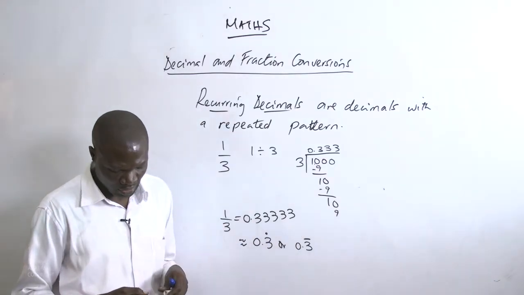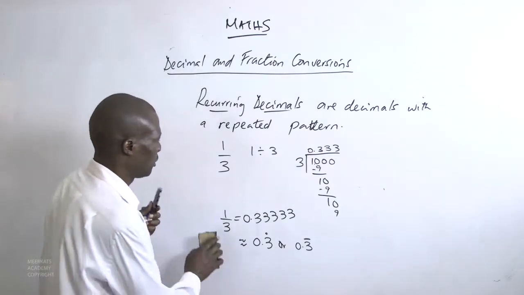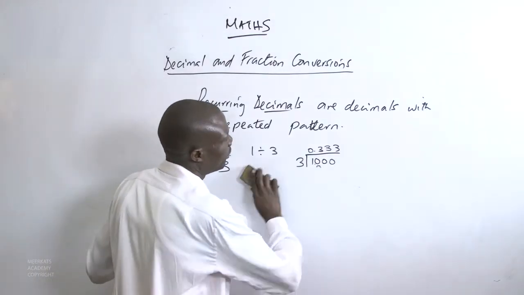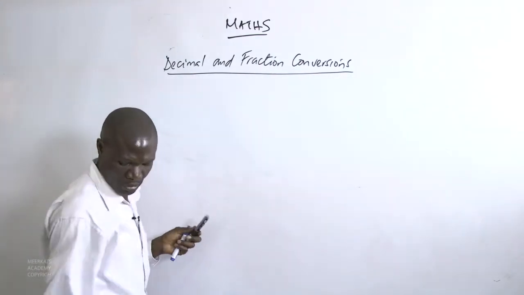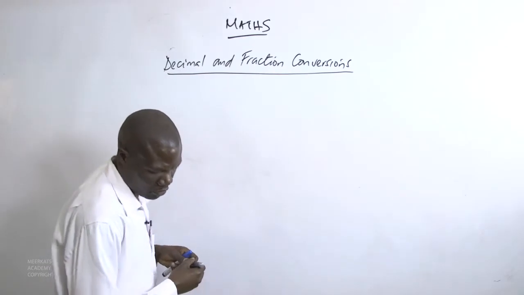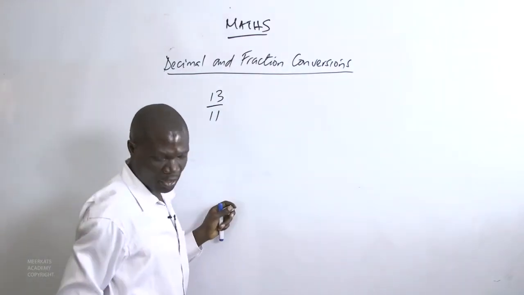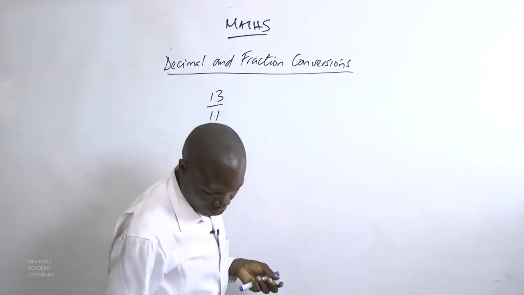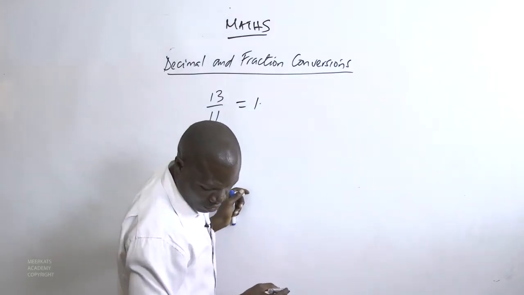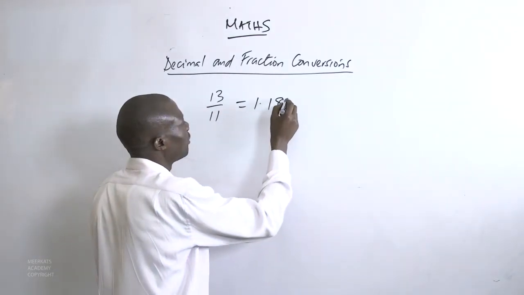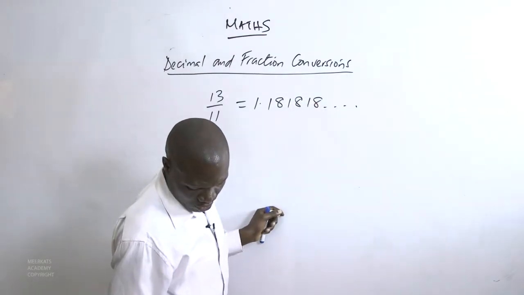Another example of a recurring decimal is, if you are to convert 13 divided by 11, you can use your calculator, and you'll find that this is the same as 1.1818, and so on.